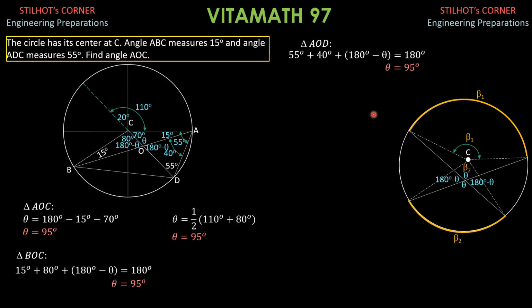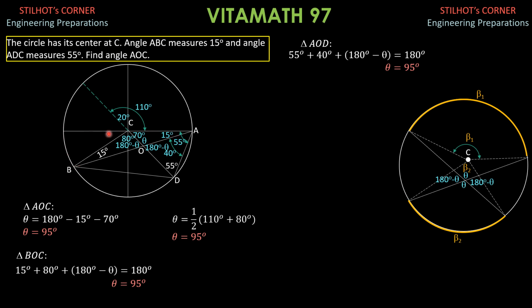Then next, the fifth solution. Applying this principle here, the chords also subtend arc AD and this arc here. Since this is 110 degrees, this is 70 degrees, and this angle here is subtended by this 15-degree angle, so that's 15 degrees.